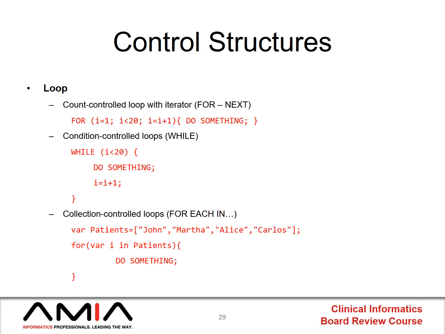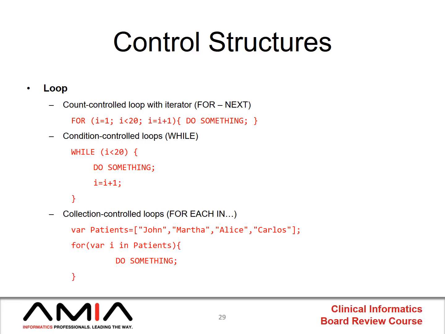The final parameter for the iterator, in this case I is less than 20. And then how I want the computer to count through them. In this case, after every loop, I is equal to the previous I plus 1. So for I equals 1, I less than 20, I equals I plus 1, do something. And you can imagine that that would actually just do the thing that you asked the computer to do 20 times.